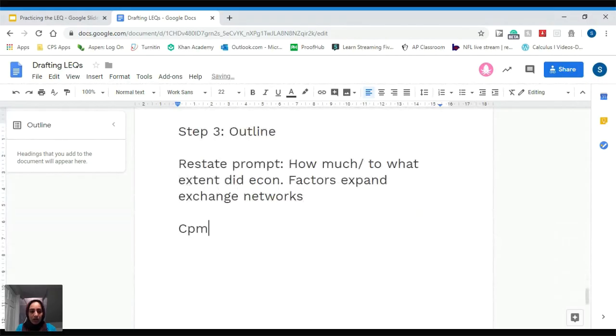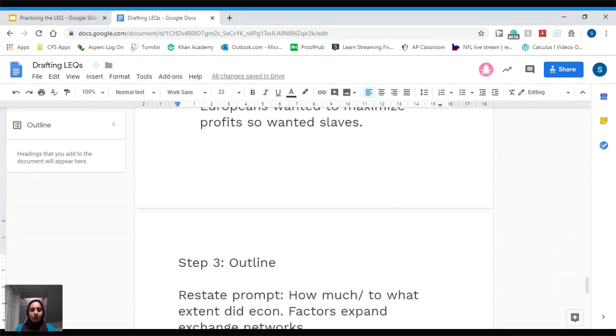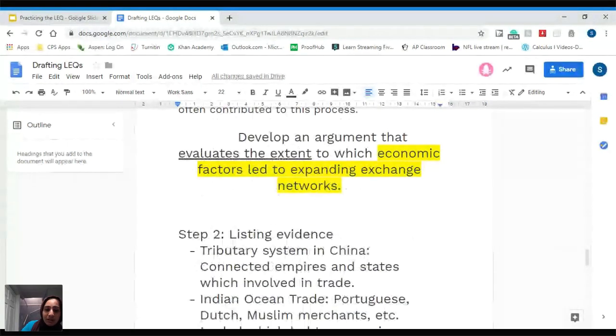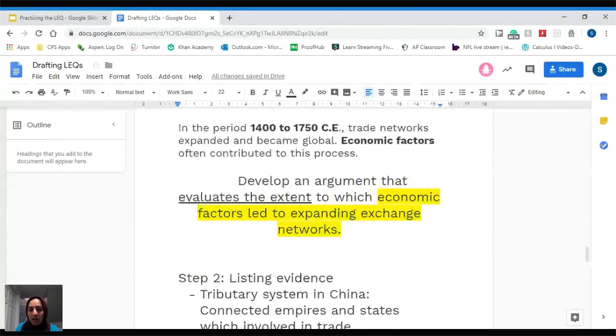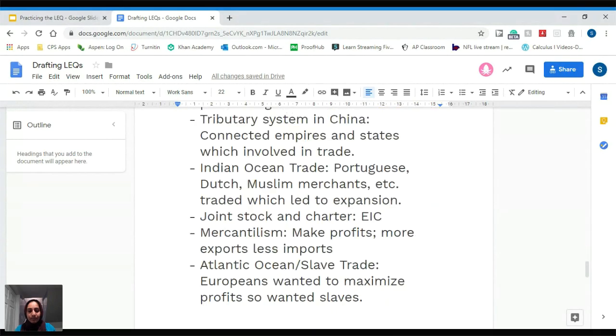So now we want to talk about context. What can we talk about during this time period that leads to this, something we can embed with this? Not something completely irrelevant, but something connected or related to the prompt.